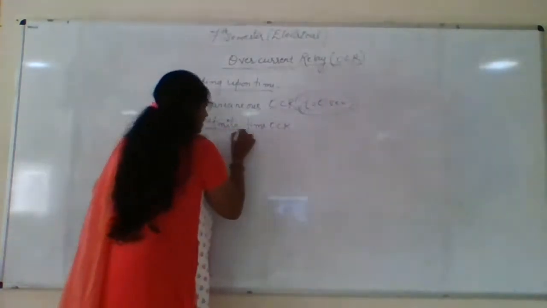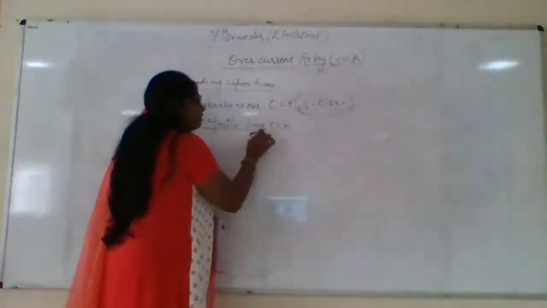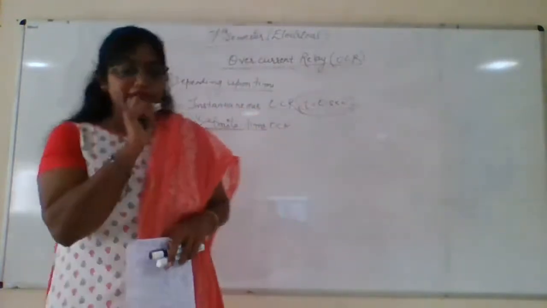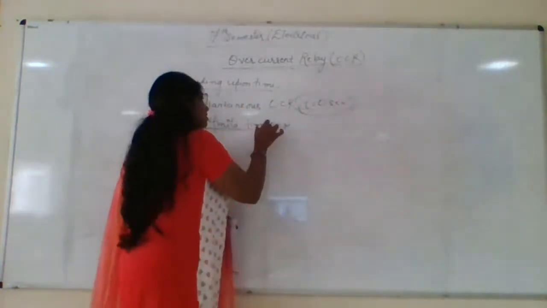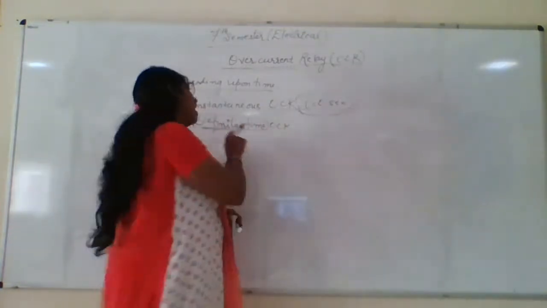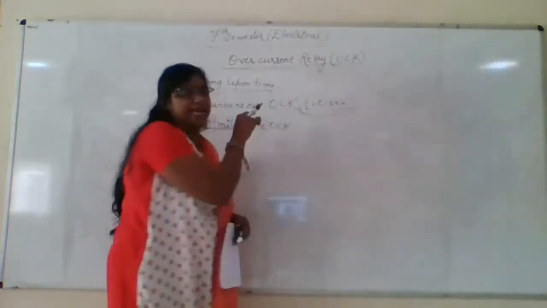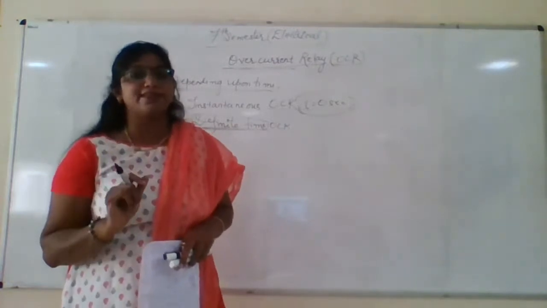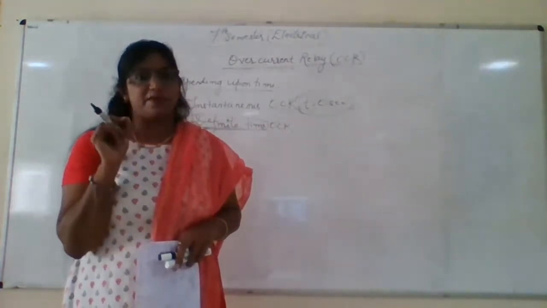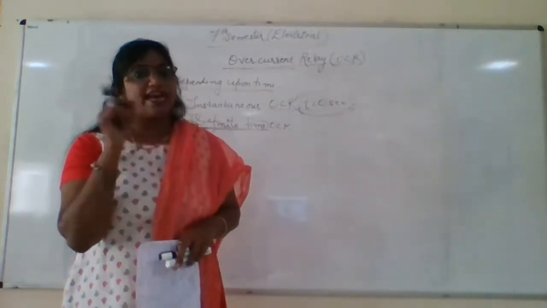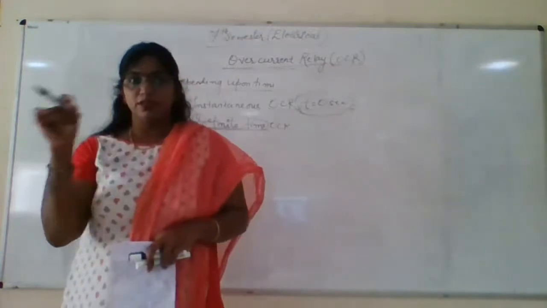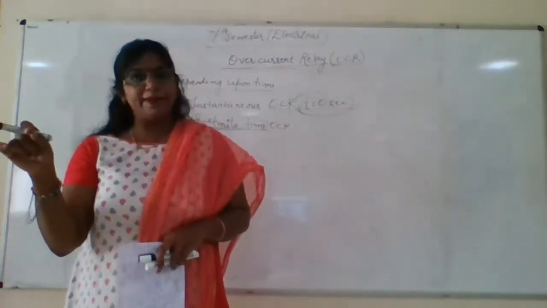Definite time is the minimum allowable span of time during which the relay won't operate. After that definite time, if the fault persists, the relay will come into action to make the CB initiate to break the circuit.